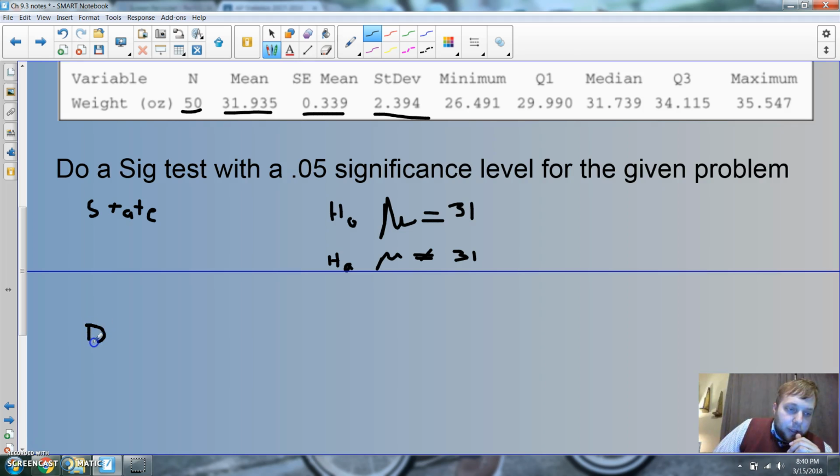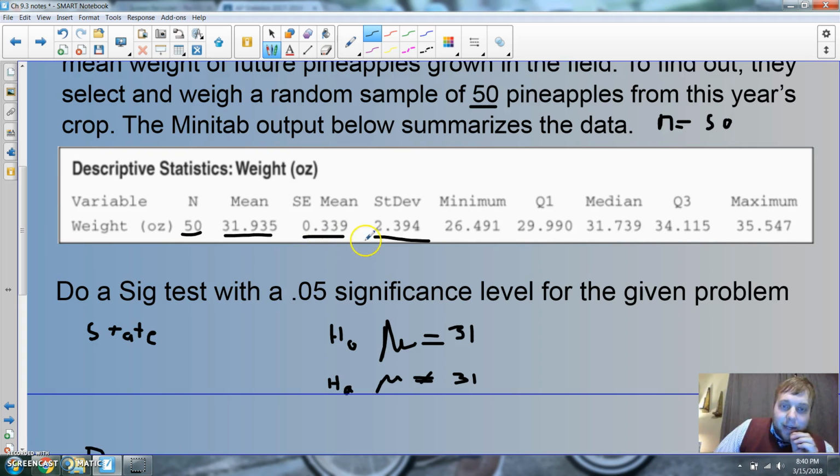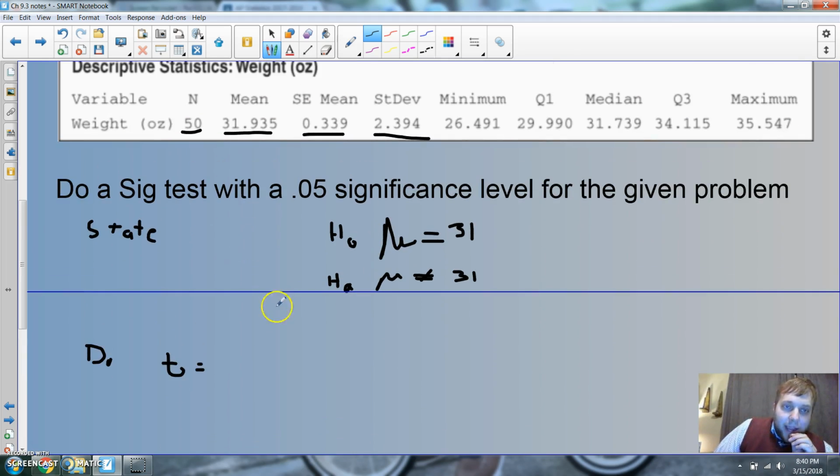All right, so let's get to the do part. This is also going to be a t-score because I have the standard deviation from those 50. What I got was 31.935, that's my mean from my 50, minus what I should have gotten, which was 31.